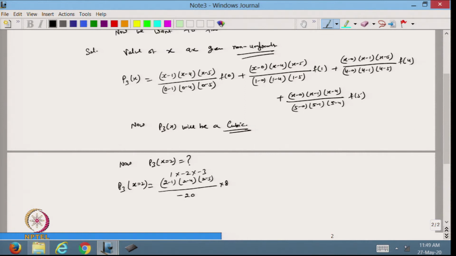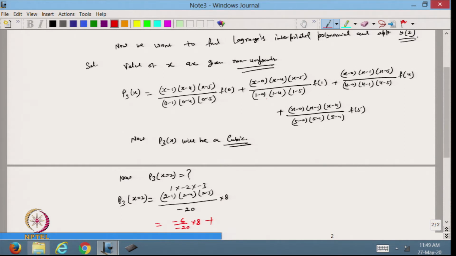So, I can write this expression as minus 6 by minus 20 into 8, plus the next term.